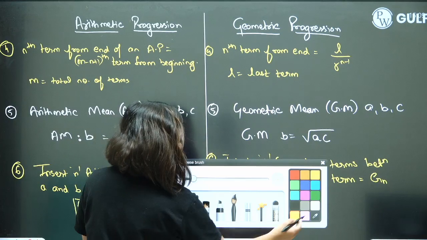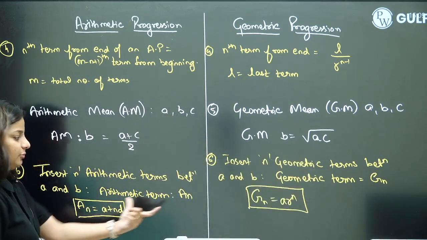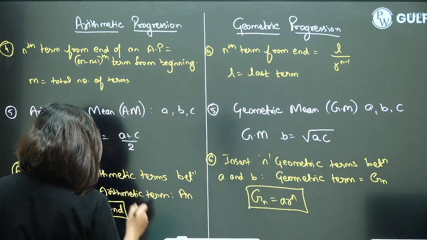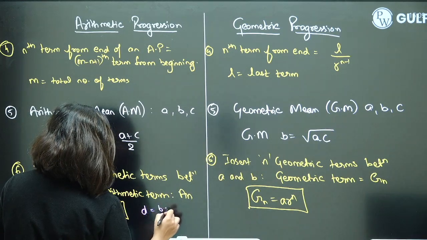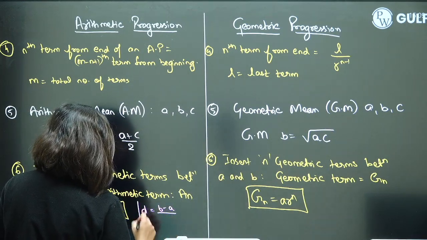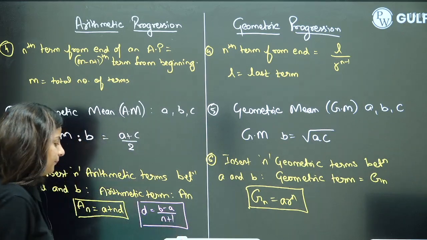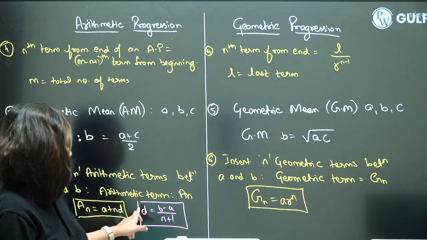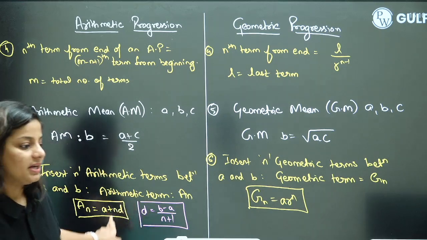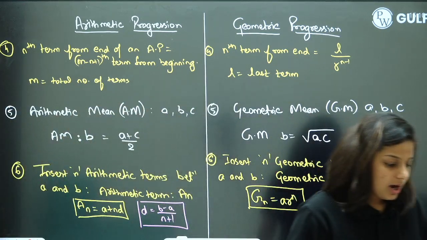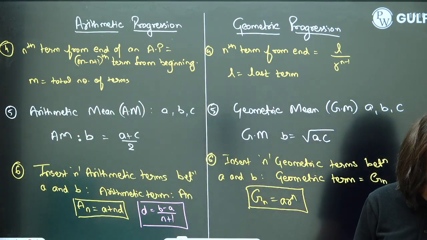When I wrote the arithmetic term and geometric term, we can get directly D, which is the common difference, by the formula B minus A upon n plus 1.